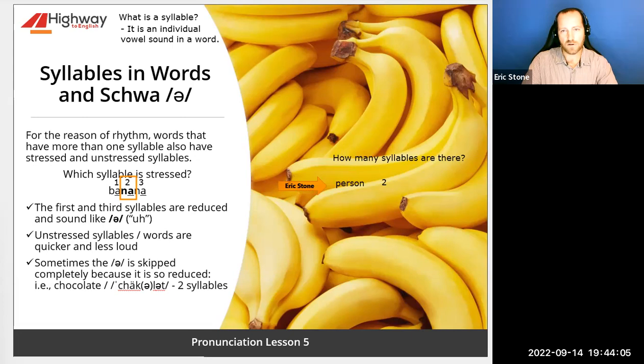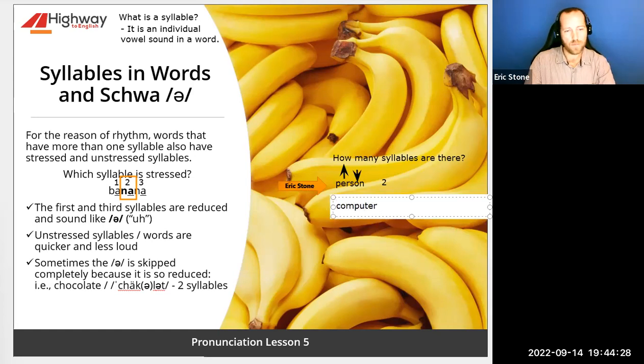Let me change the color. So it's person. So this one is lower. Like that. Person. 2 syllables, the first syllable is stressed. Good, great job.